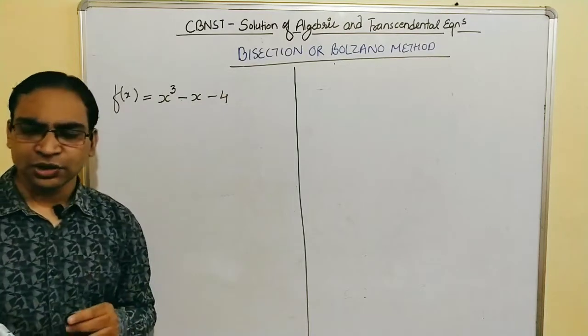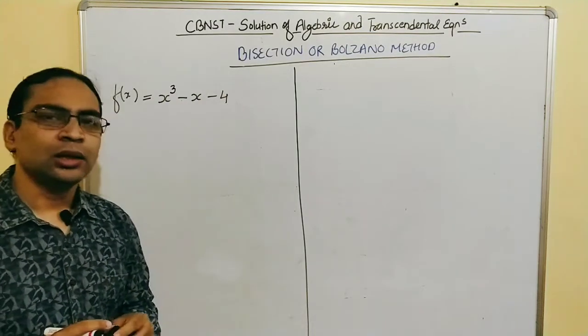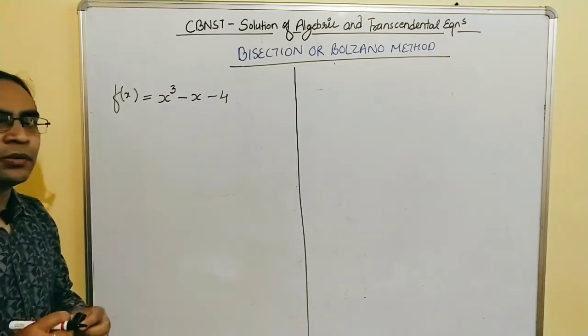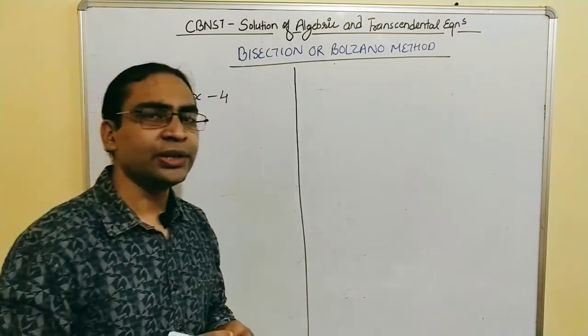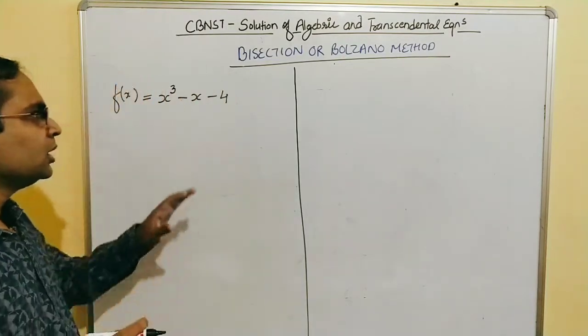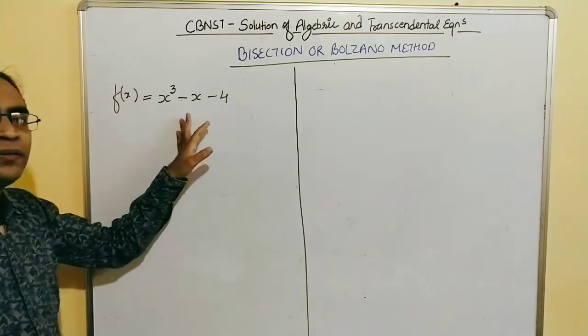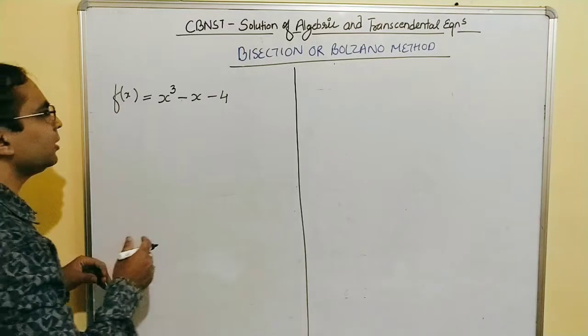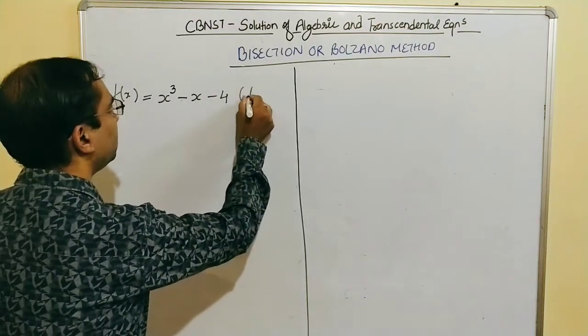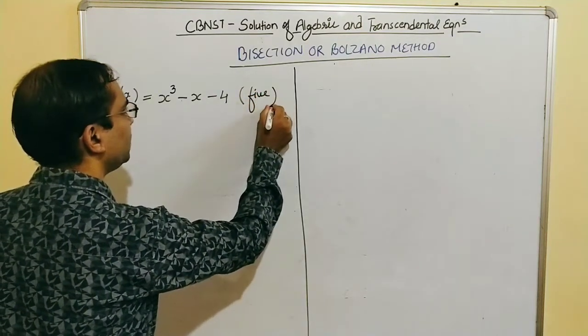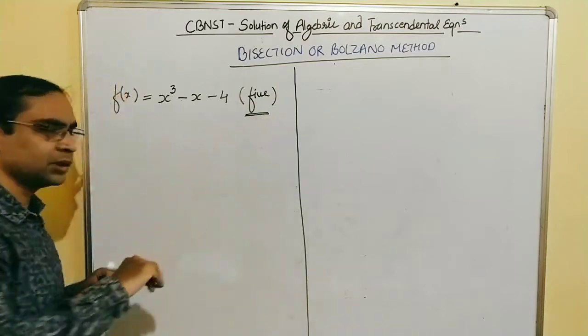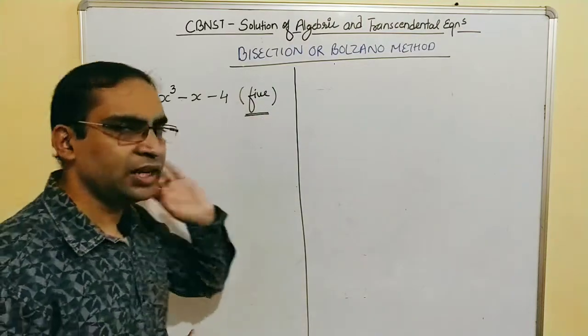Let's say the function is given and we have to evaluate the real root of this equation. Now the question could have been given in two ways: find out the root correct to 3 decimal places, or perform 5 iterations. So let's say in this we are going to perform 5 iterations. So we'll do 5 steps, right?